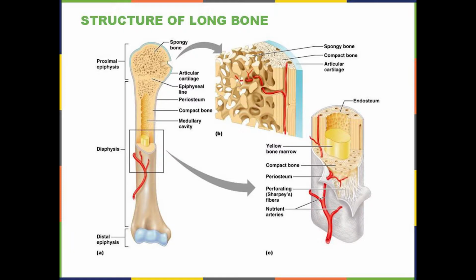Red marrow is where we have our blood cell formation. And then the green is the epiphyseal line in an adult, or a plate in a child.